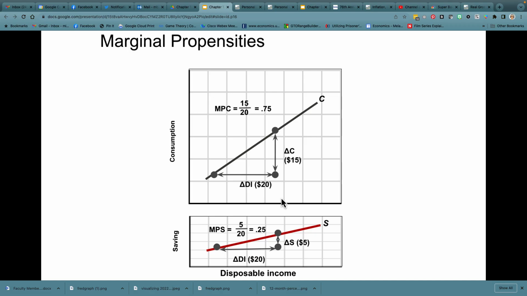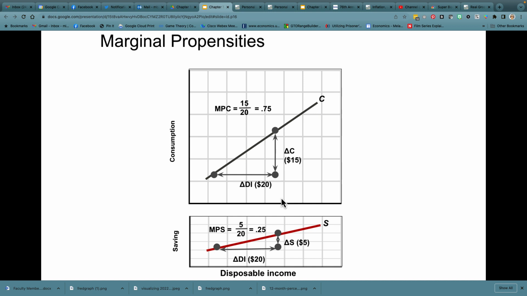All right, one more thing I want to point out to you about the consumption and the savings schedules. So remember that when we looked at the consumption function, we talked about the slope, okay? And the slope defined that relationship between disposable income and consumption.